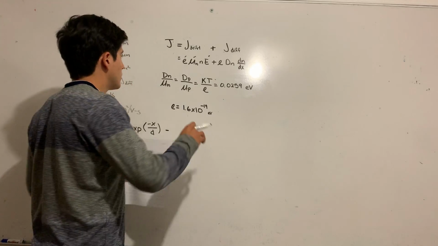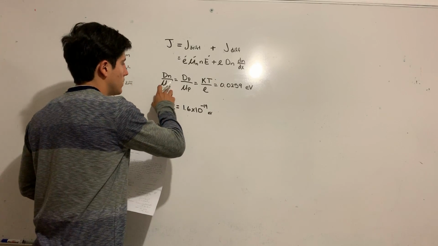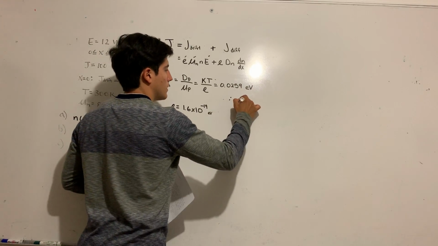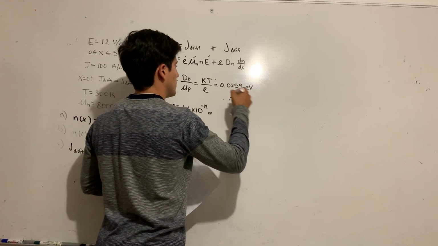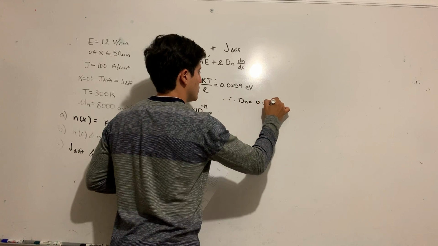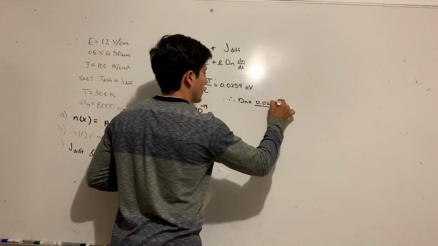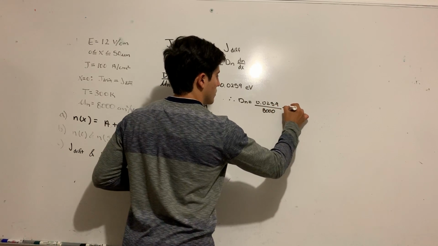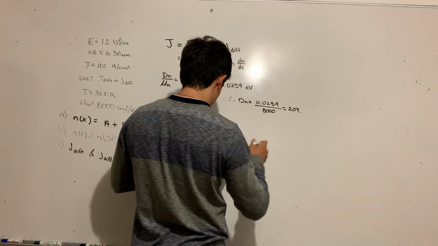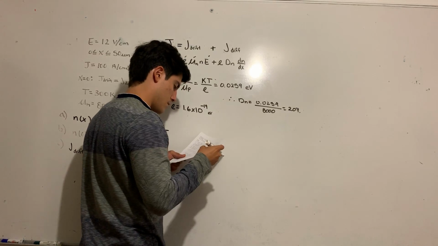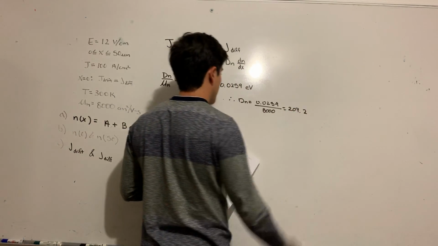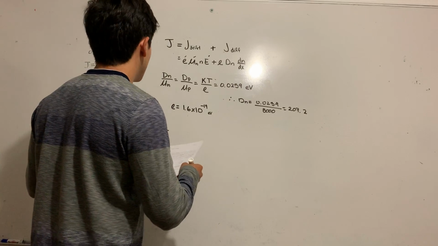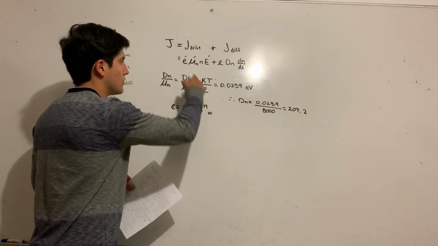So if we say that Dn is equal to 0.0259 over 8,000 times 8,000, this is equal to 207.2. So we're going to have all our values here now.